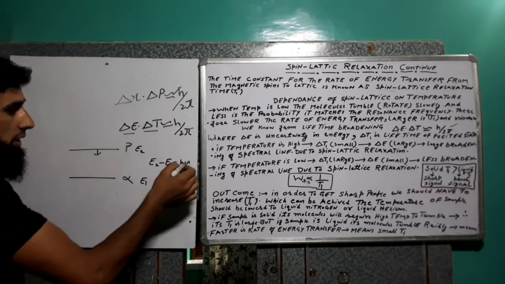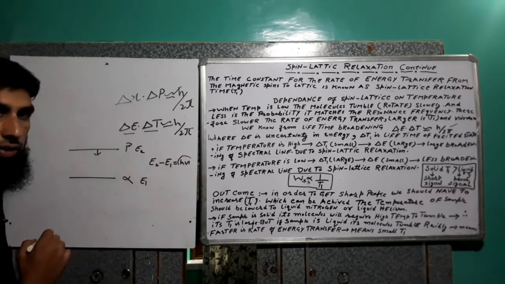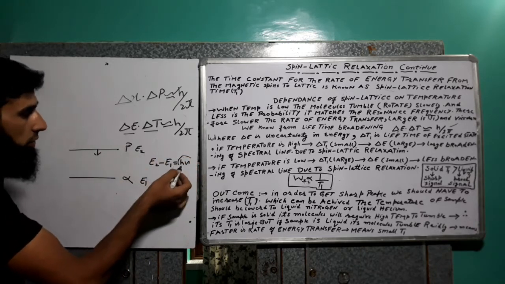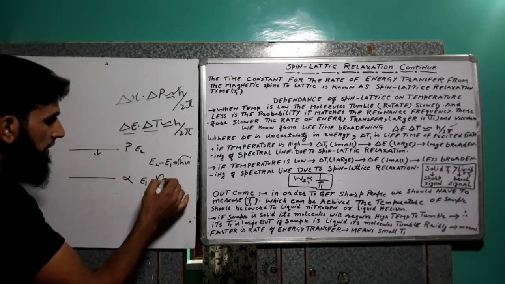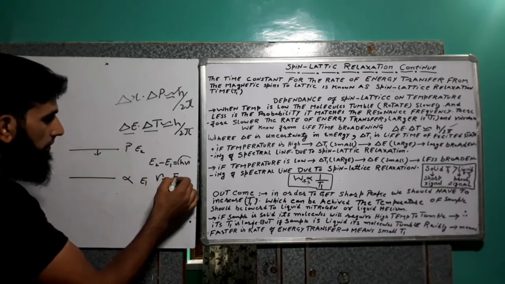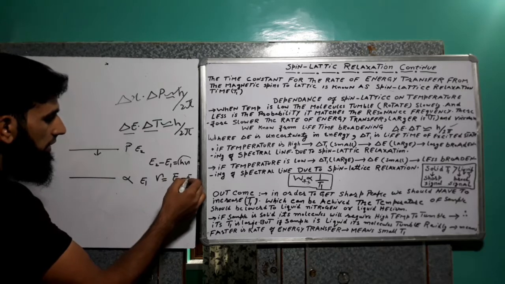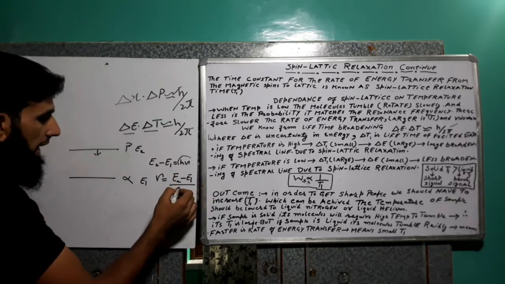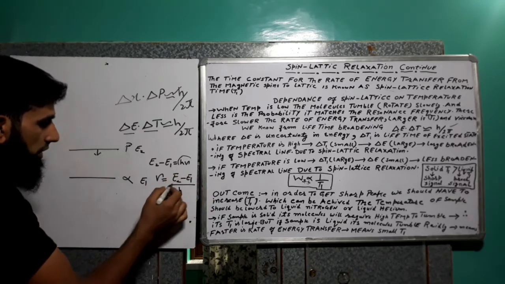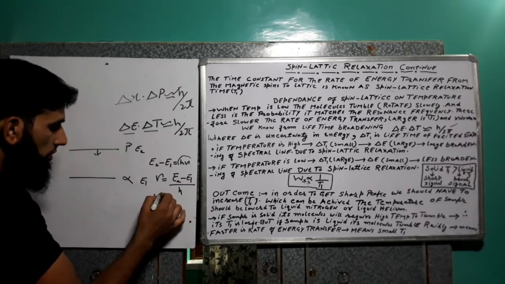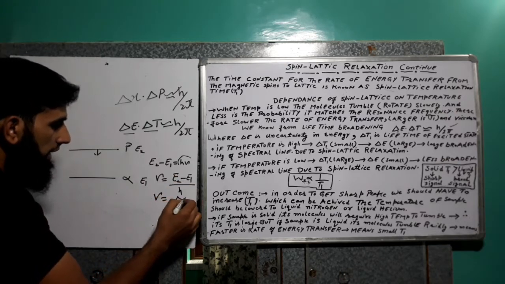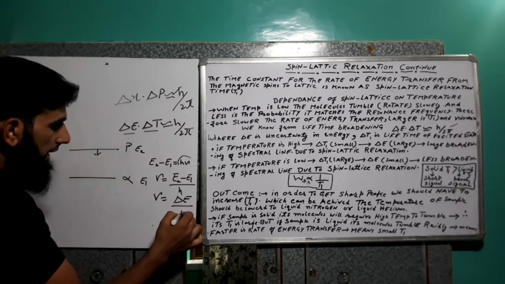That means that amount of frequency. As we know, nu is equal to E2 minus E1 divided by h, that is, nu is equal to delta E divided by h.